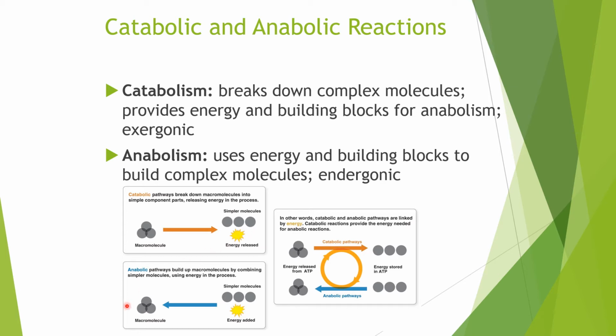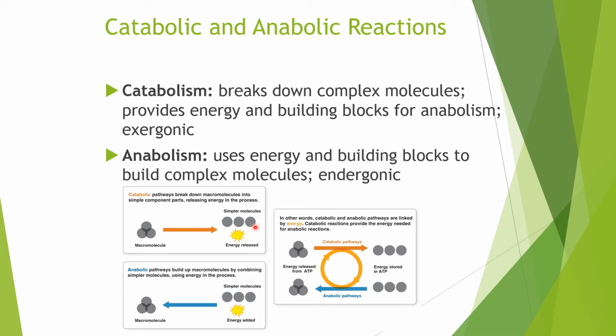Now, same thing. Let's say that you eat meat, and meat has protein. Your body is going to take the protein out of that piece of meat you've just eaten, and break down the protein into its simpler molecules, which are amino acids.